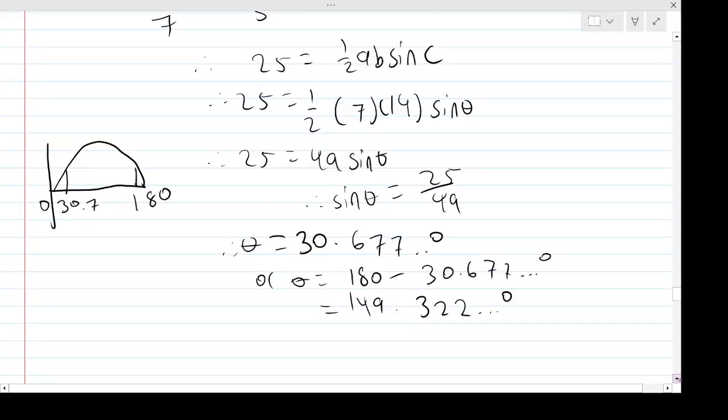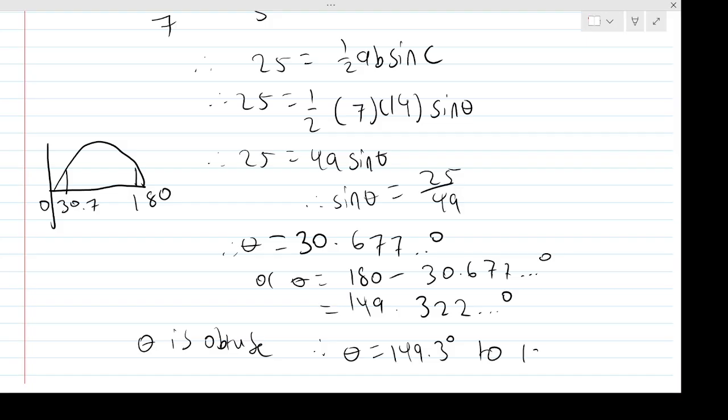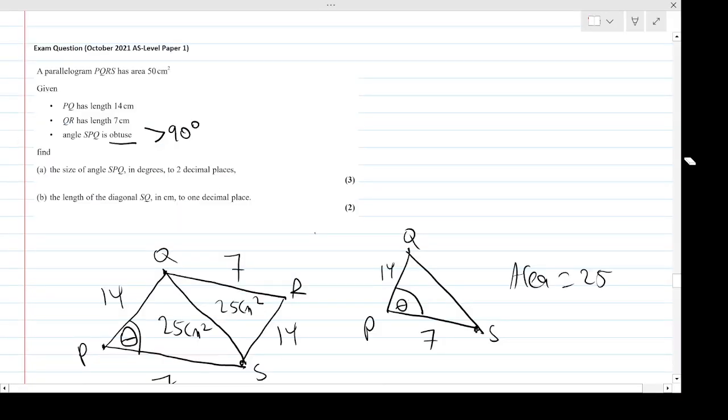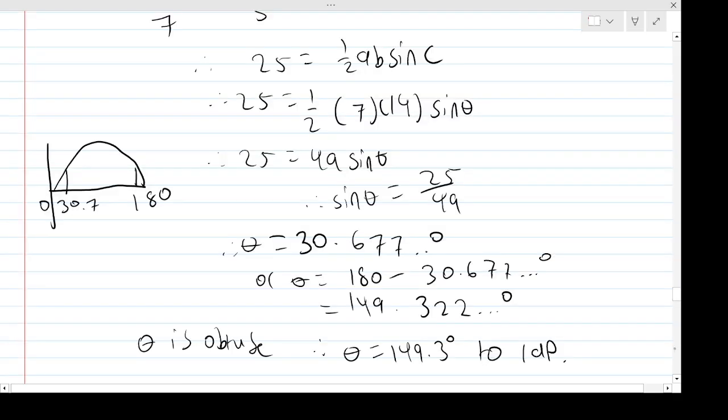So theta is obtuse. Therefore, theta is 149.3 degrees to 1 decimal place. There we are. Okay, so that's part A then.